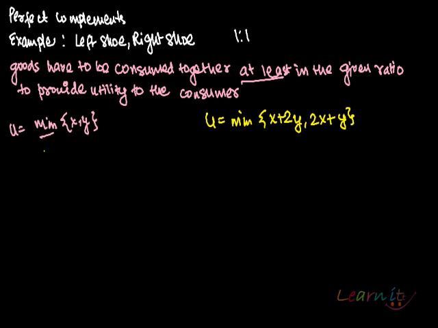All min functions of just the form min of ax, by are perfect complements. It could be ax squared, by squared, and so on. All of those combinations could be made, but this is the reason you have perfect complements of this form. Thanks.